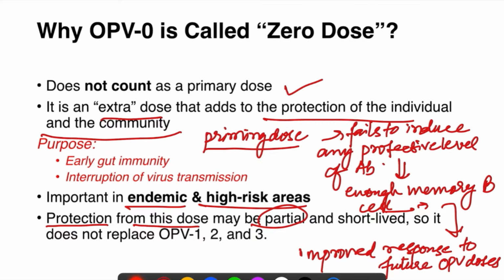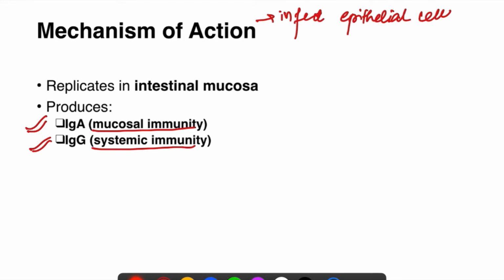What happens when we give the OPV by the oral route? The virus replicates in the gut cells and reaches the Peyer's patches. After reaching the Peyer's patches, multiplication occurs again and subsequent viremia occurs.